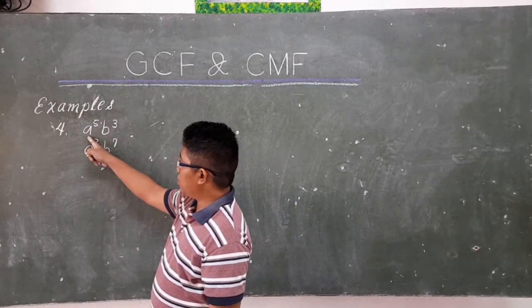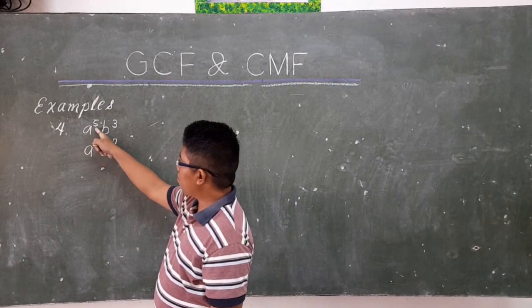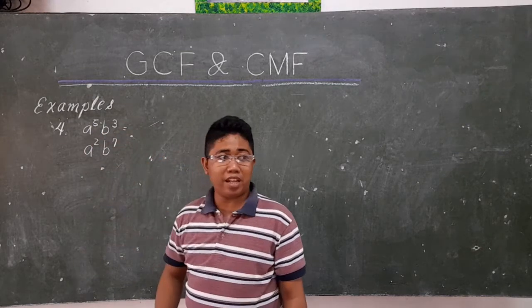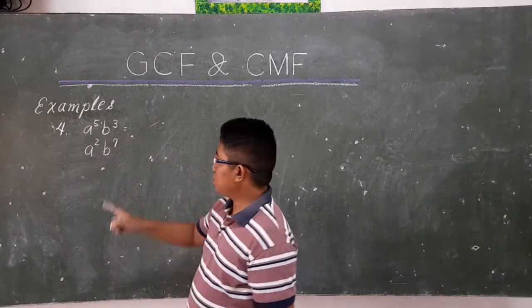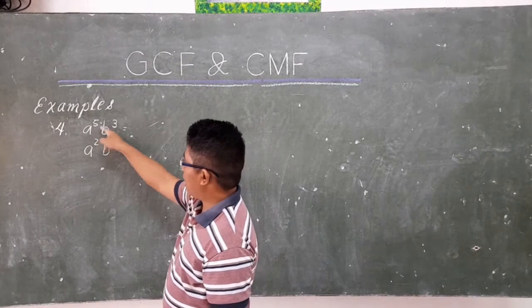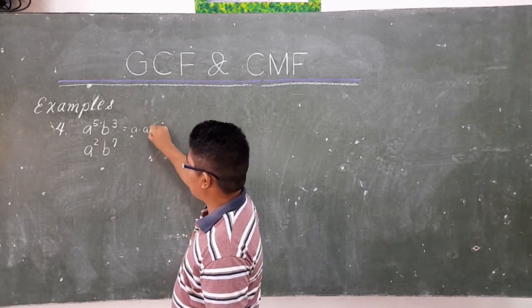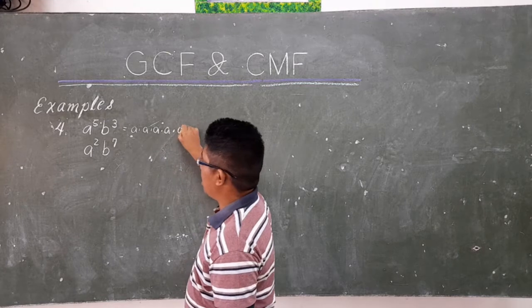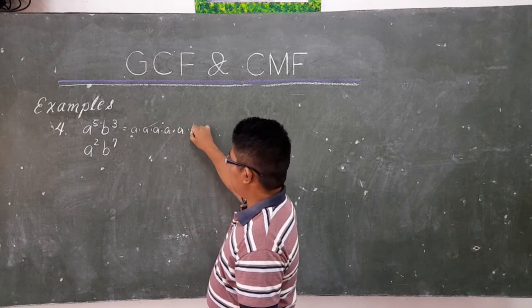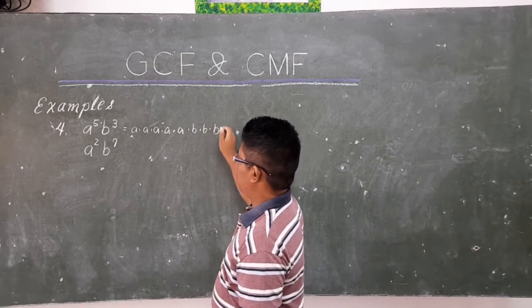Let's start with the first monomial. a raised to the power of 5 is repeated as a product: 5 a's, a times a times a times a times a. And b cubed is also b times b times b.